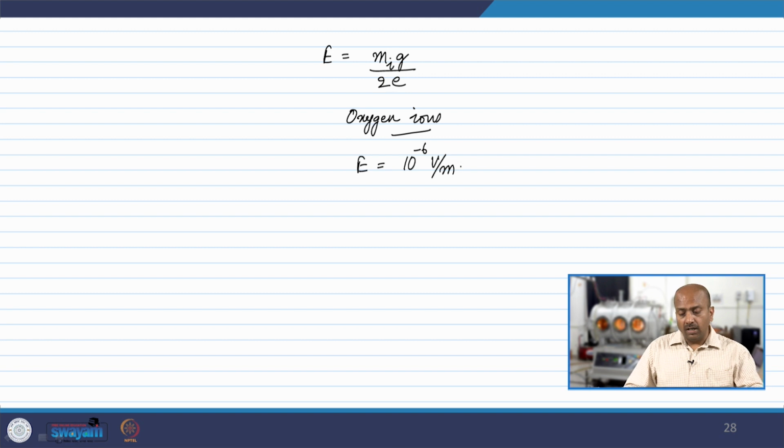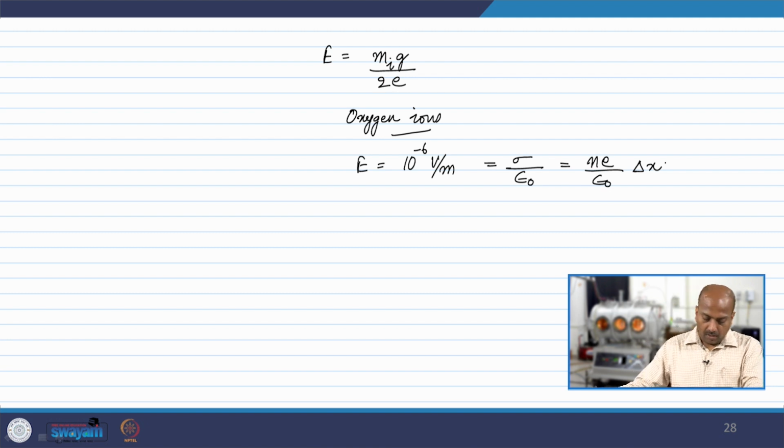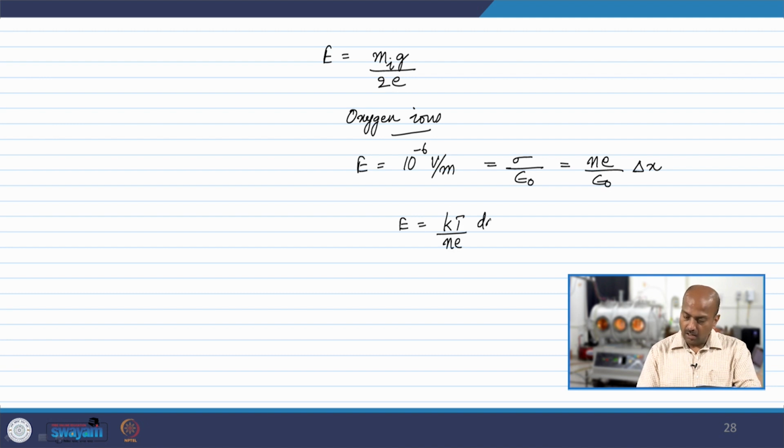Correspondingly, if you want to find the surface charge density, we can write the electric field as sigma by epsilon naught, or the number of charge carriers per unit volume multiplied by the charge times delta x, right. So, we can use E as kT by Ne dN by dH.